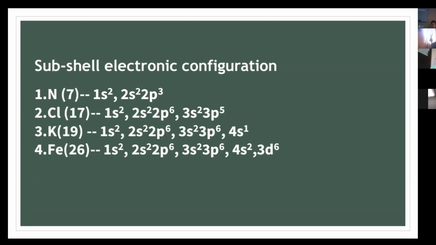For example, the atomic number of nitrogen is 7. Then we have to start from the first orbit. The first orbit has an s subcell, and if electrons are left, then we go to the second orbit. For the second orbit we have an s subcell and a p subcell, like that. So for nitrogen, the subcell configuration is 1s2.